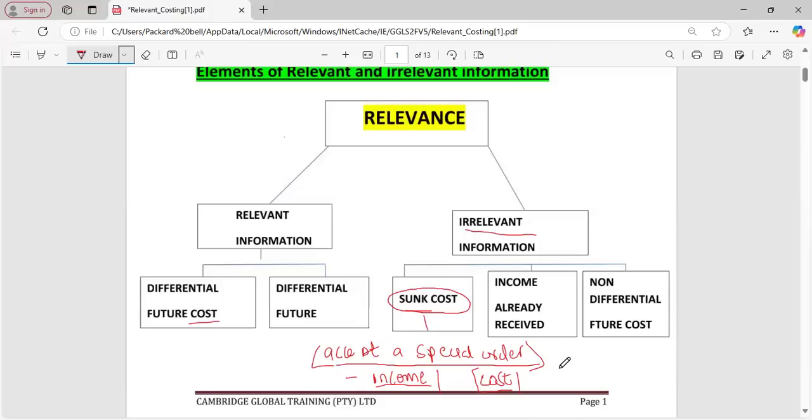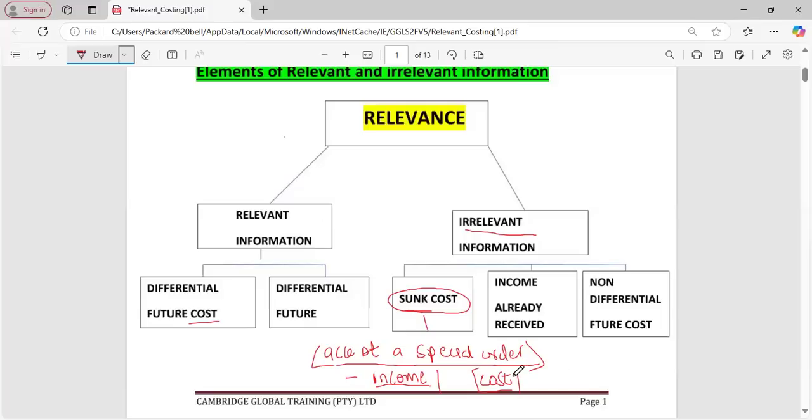So that cost is not going to be relevant. If an income is going to be generated, whether you have a special order or not, that income is not going to be relevant in your decision, because whether you accept a special order or not, you are still going to receive that income.